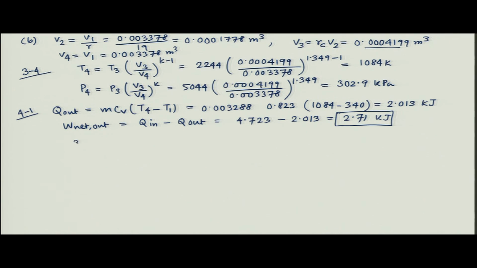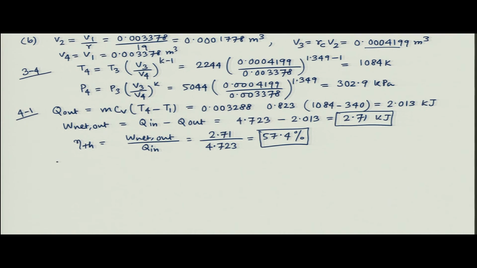Now, we can find what is the thermal efficiency of the cycle, which is net work output upon Q in, right. So, 2.71 divided by 4.723 and you will get it as 57.4%, that is the thermal efficiency of the cycle.